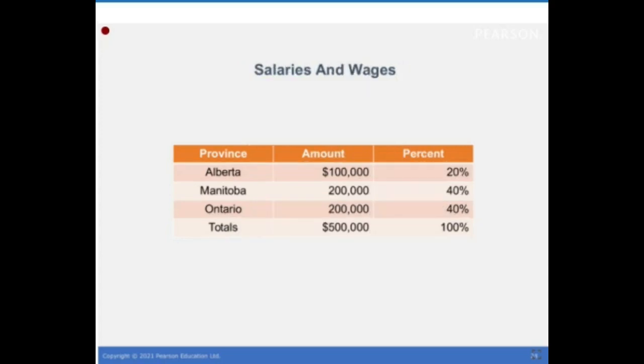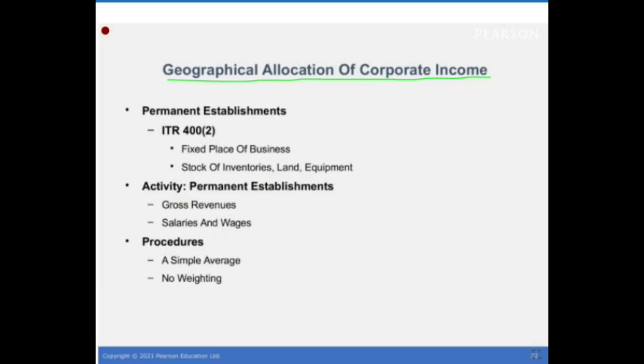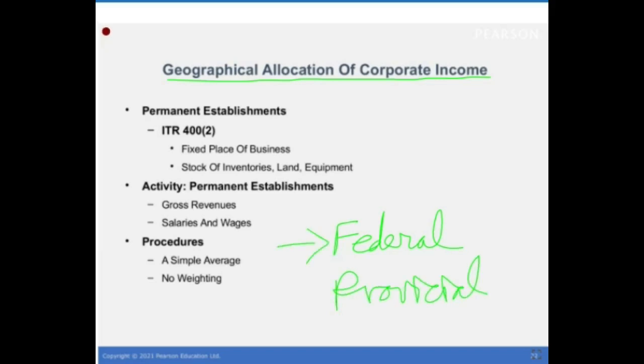Well, why would this matter? Similar to personal tax, for corporations, we pay federal tax and provincial tax. So you have two components to your taxes, just the same as we would have done for personal tax.